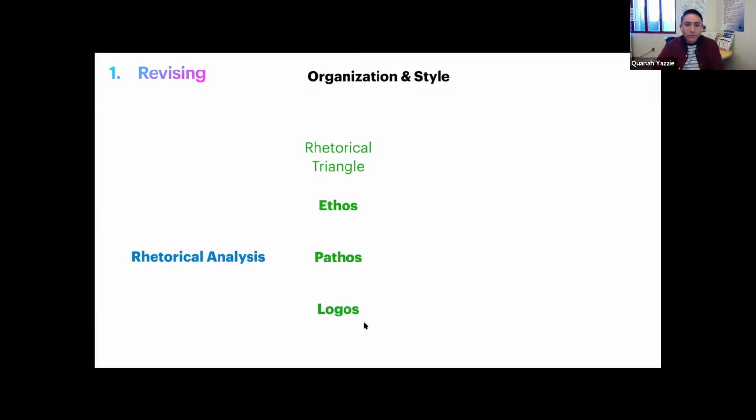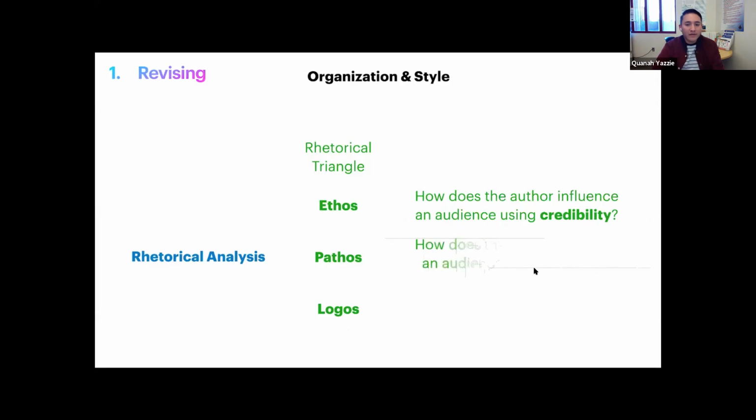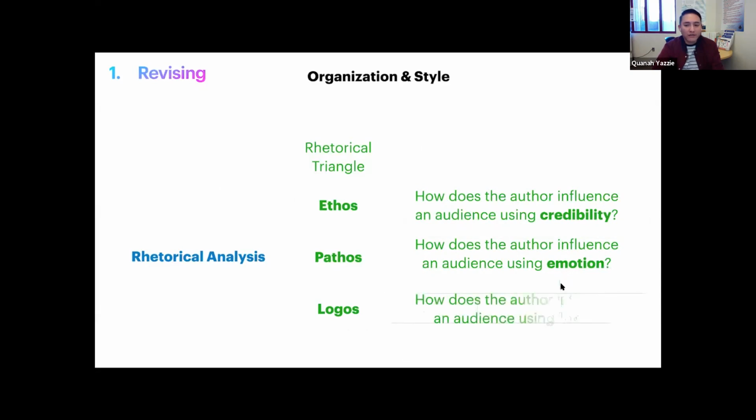So if we were to start looking at our organization or our style of this essay we're writing, we want to make sure we have these three things within our essay. An example can be asking yourself, how's the author influencing an audience using credibility? Same thing with pathos, how are they influencing an audience using emotion, and how are they influencing an audience using logic?